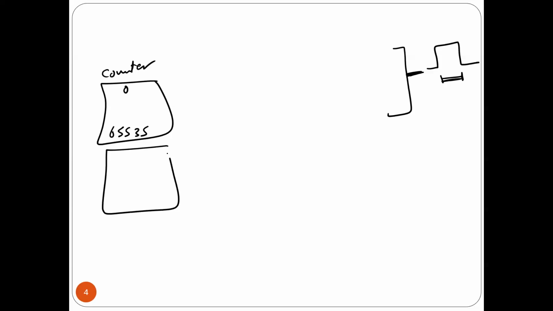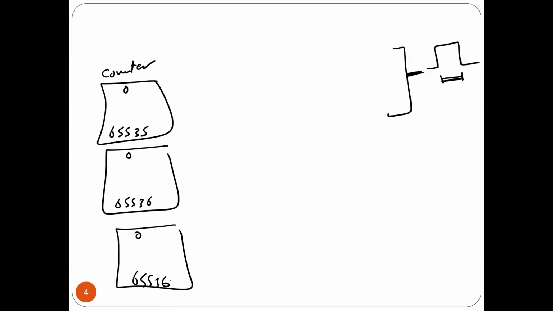And the way it should work is, as I told you last time, what we have here is a counter. This counter should count from 0 until 65,535, and then go again from 0 until 65,535, and again from 0 to 65,535. Okay, 35, not 36.